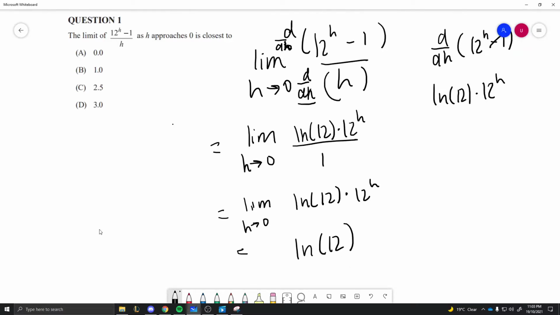If you don't have the value for ln 12, you can just grab your calculator out, but this is just significantly easier than plotting it. All you need to do is just calculate ln 12, which is going to be 2.4849, which is approximately 2.5. This is your answer.